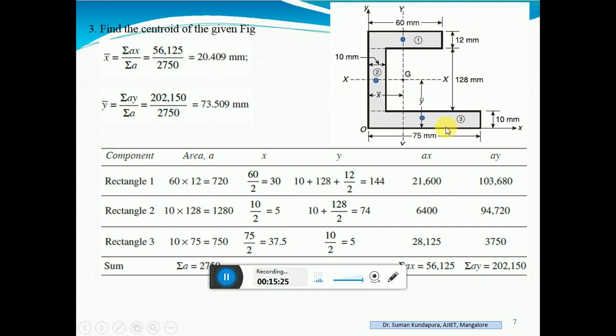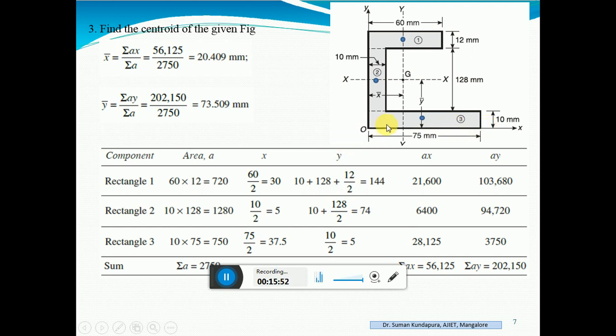Third rectangle, area is 75 into 10, 750. The center of gravity CG will be lying over here somewhere. So this whole is 75 divided by 2, you will get 37.5. Okay, so now we have found out the x distances for each of the rectangles. Find out the y distances for each rectangle with the x axis as reference.